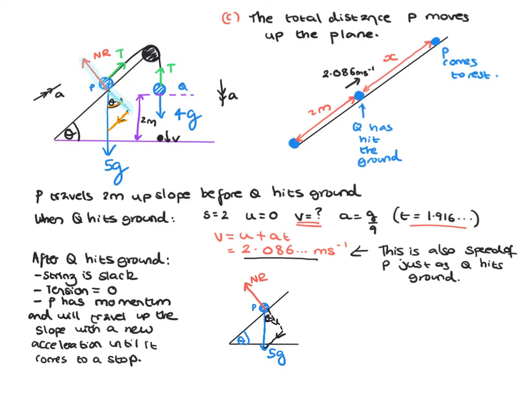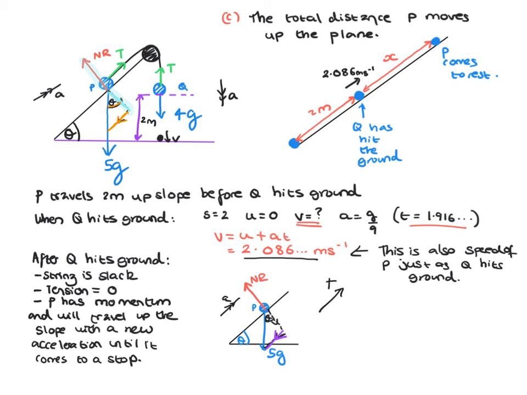So I'm going to ignore the forces acting perpendicular to the plane, and I'm going to look at the forces acting parallel to the plane. Let's say the acceleration is in this direction. Let's take up the slope as positive, as that's the direction of motion of P. Now, we have no forces acting up the slope, but we do have this component here, which I'll highlight in purple, acting down the slope.